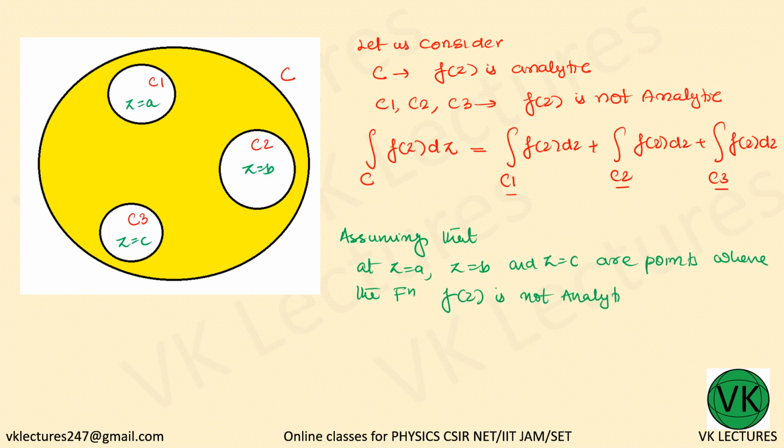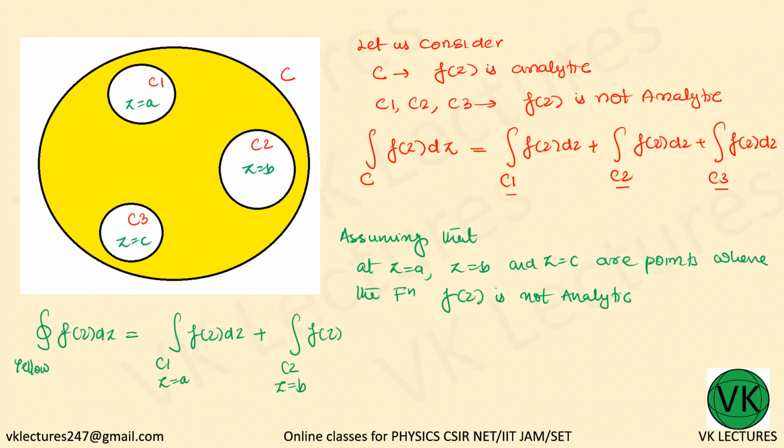So we have got 3 points where the function is not analytic. Then the integral over this yellow region of f of z dz will be equal to the integral over c1 where z equal to a of f of z dz plus the integral over c2 where z equal to b of f of z dz plus the integral over c3 where z equal to c of f of z dz.